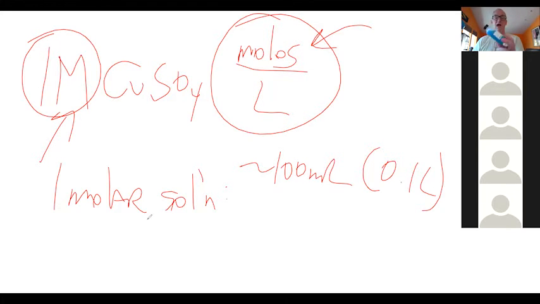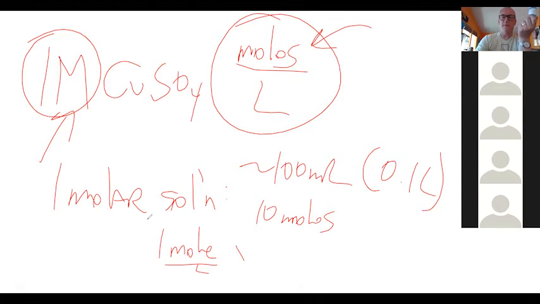That means how many moles of copper sulfate are in this bottle? 10 moles. So remember, I have 1 mole for every liter. I only have 1/10 of a liter. How many moles will that be?